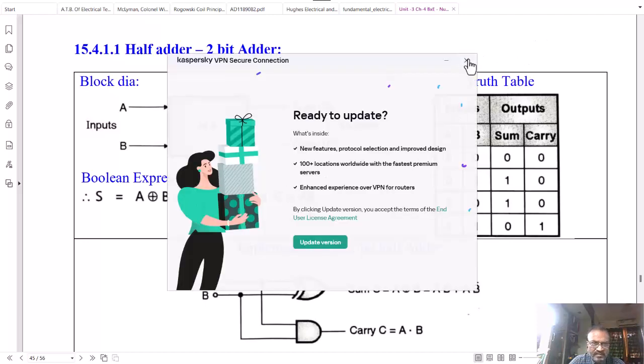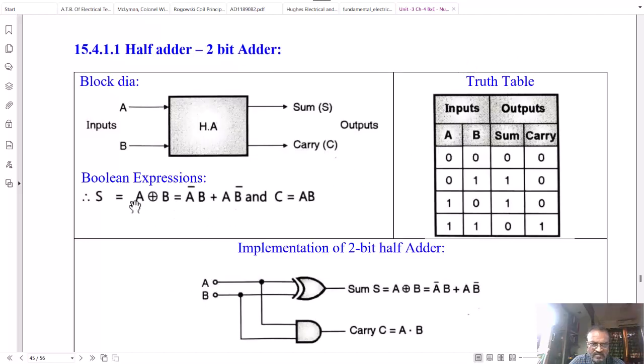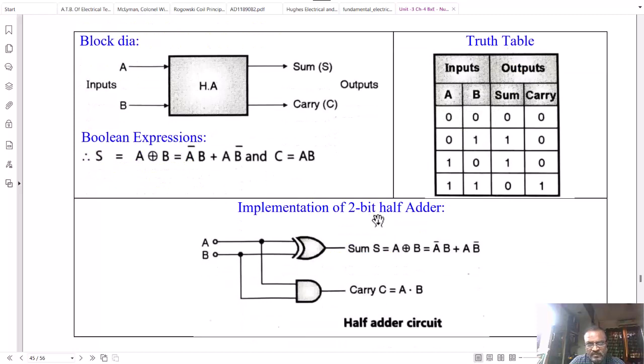If you see this expression for sum, it is nothing but an exclusive OR operation that is denoted as A exclusive OR B. And carry operation is the AND operation of the two variables A and B.